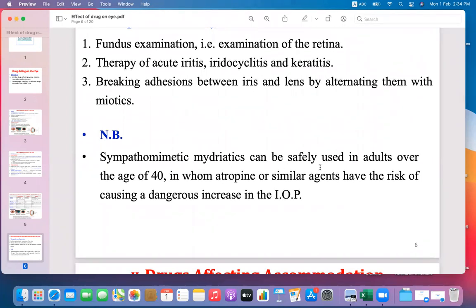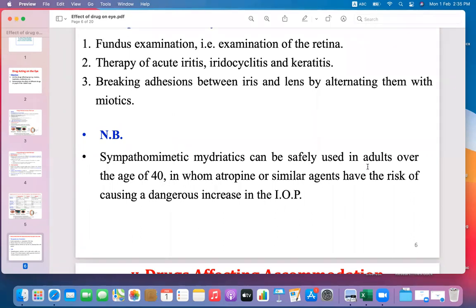Sympathomimetic mydriatics can be safely used in adults over the age of 40. But atropine and similar agents have the risk of causing a dangerous increase in intraocular pressure, and this increased intraocular pressure may lead to glaucoma.